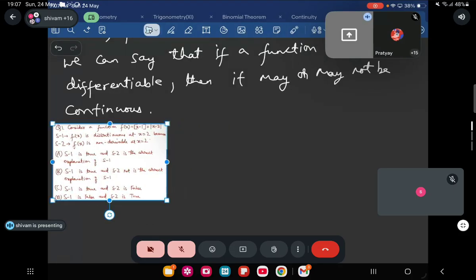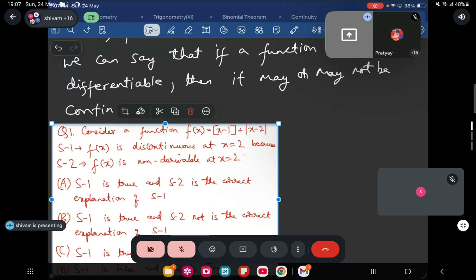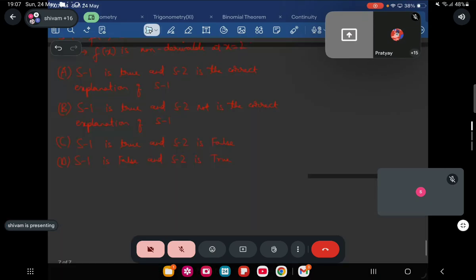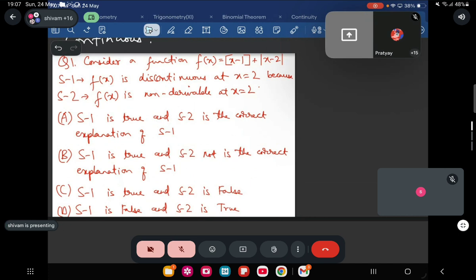Everyone can see the screen. It's question number 1. Try this out. Can everyone see the full question? Are you able to read it or not?